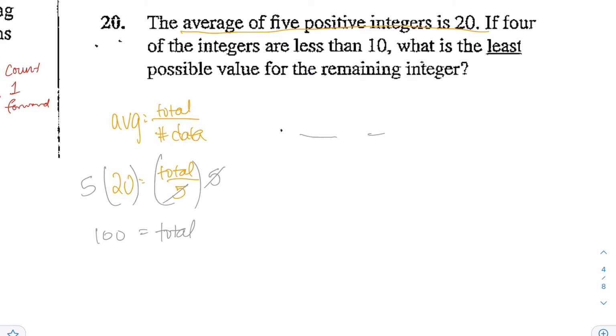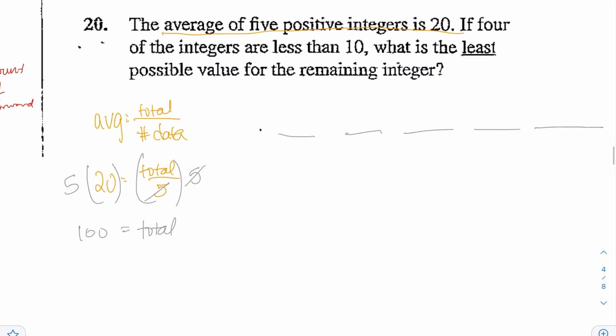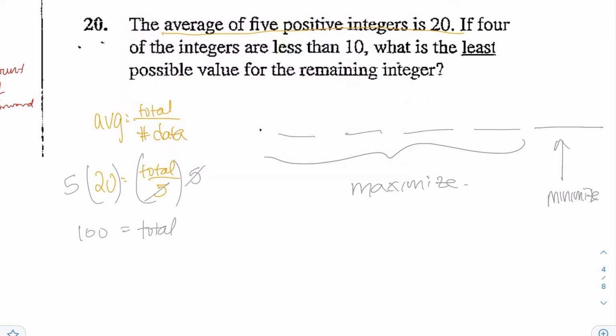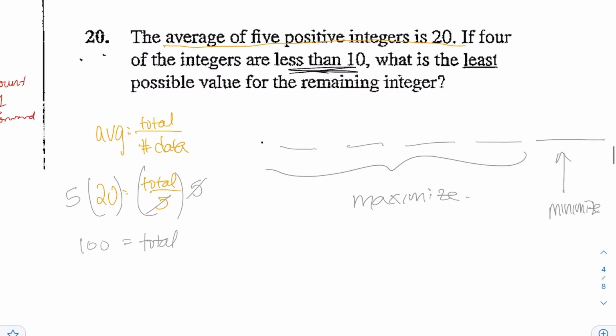Now, you know that 4 of the integers are less than 10, and you want to know the least possible value for the remaining integer. So in other words, you want to minimize the last number. So that means that the other four, you're going to want to maximize them. Now, because they all have to be less than 10, the biggest positive whole number less than 10 is 9.